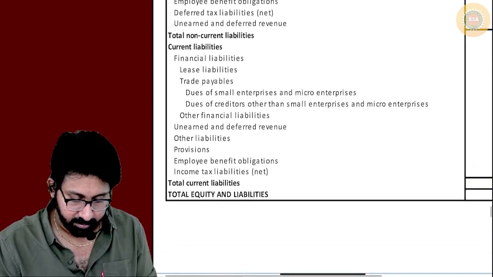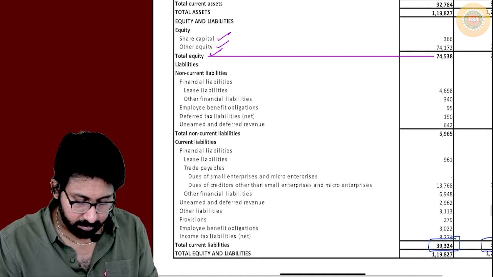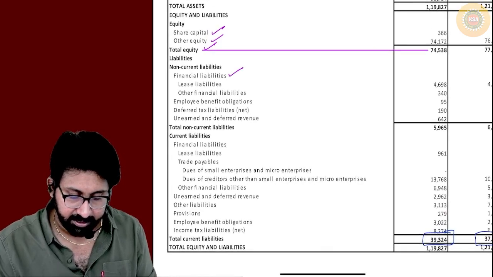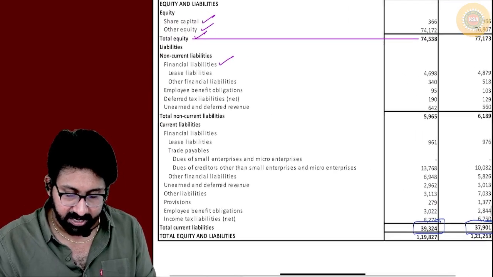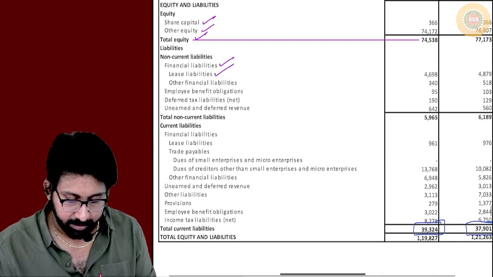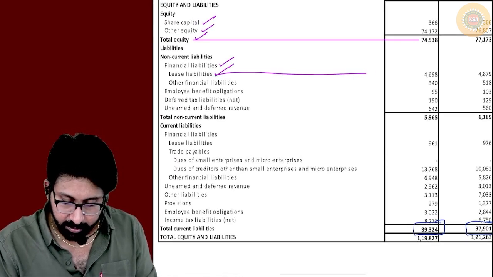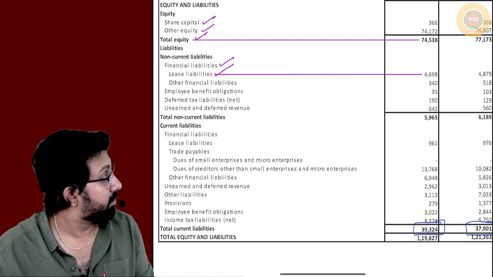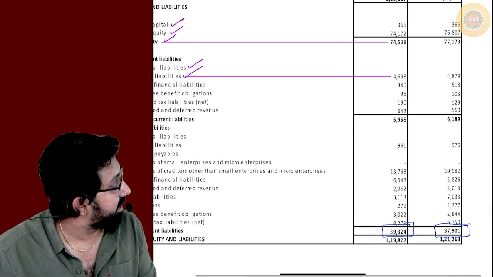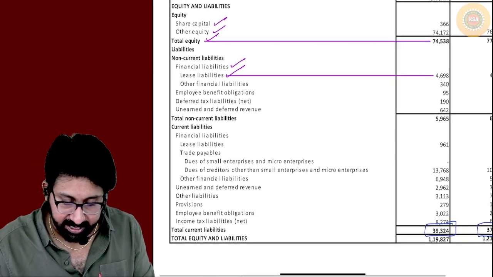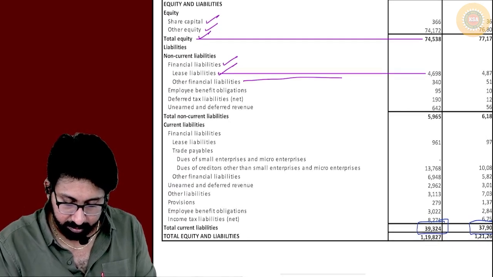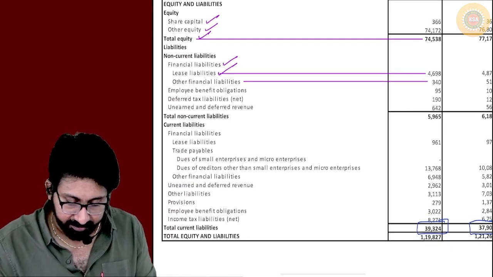First, financial liabilities. What is the first one? Lease liability. How much? 4,698, 4,879. Then other financial liability.